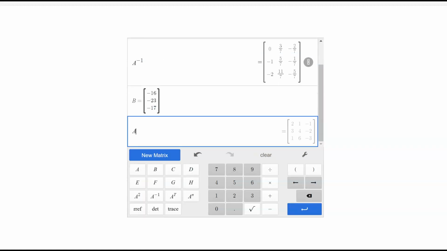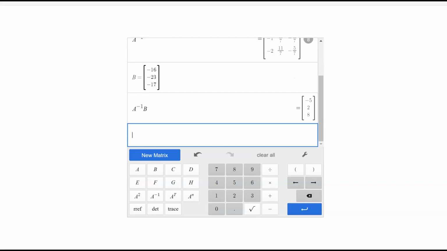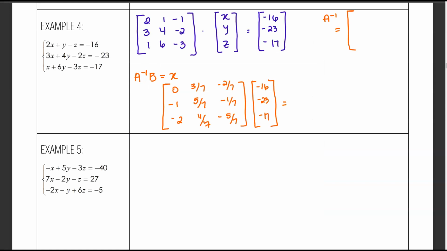So now we can do A inverse B, and we can see the solution is going to be -5, 2, and 8. Remember that first one corresponds to the x value. That second one's our y value, and that last one is our z value. So the solution to the system is -5, 2, and 8.